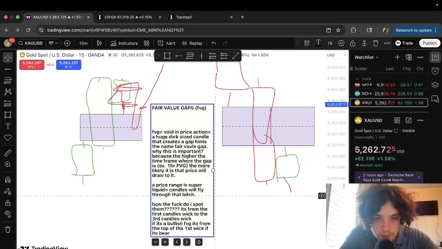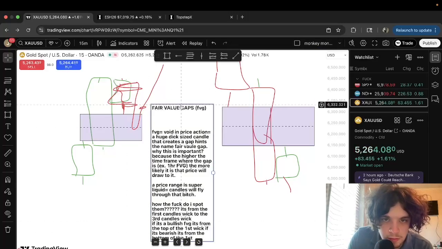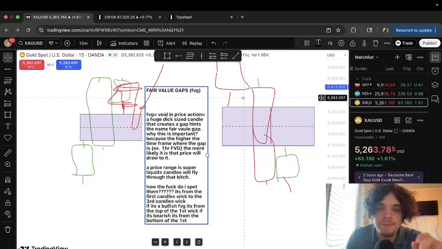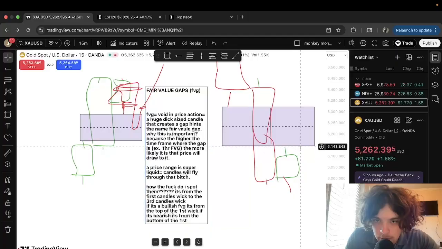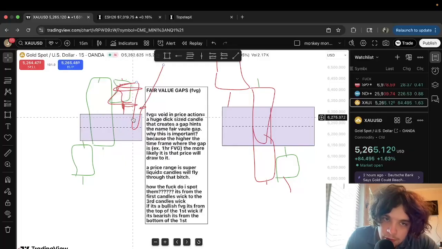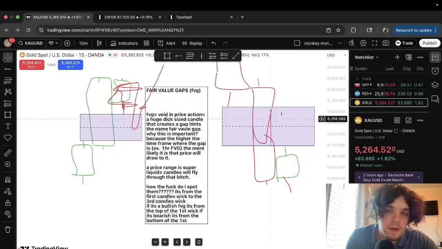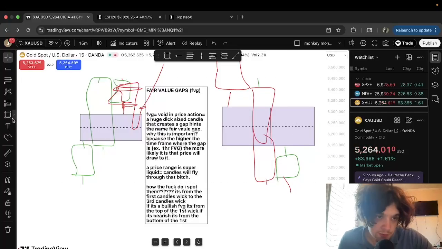If it's bearish, it's from the bottom of the first wick. Plain and simple. So you measure it like that, from the bottom of the first wick to the top of the third wick. And if it's the other way around, it's from the top of the first wick to the bottom of the third wick. Just like that, right? And then it creates this zone where price is more likely to want to tap into or draw to, which is what the fair value gap joke was the other day.